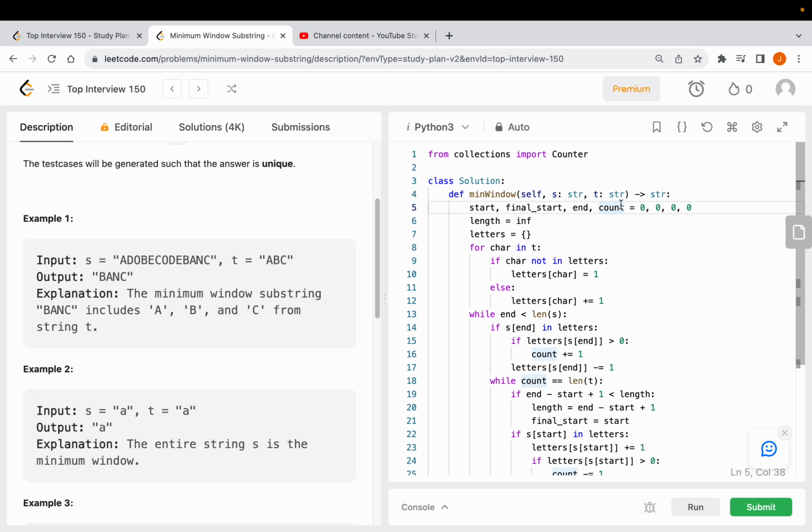We have start, final start, which is the index where the optimal minimum window string will start. We have end, and we have count, which is counting the number of letters that we have found in T that we need.